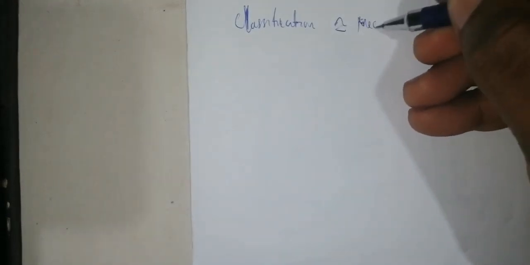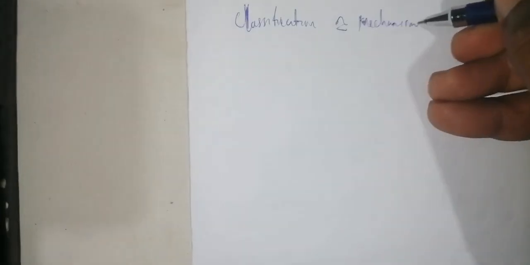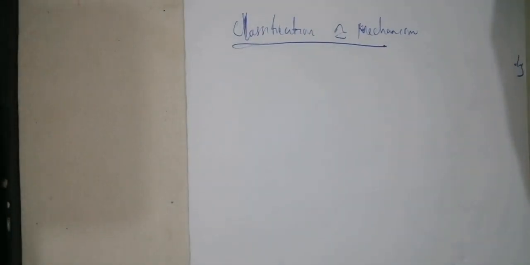Now, the next thing is that I'm going to explain each of these classifications of malnutrition. Actually, we are going to talk about the explanation of the classification of malnutrition as the mechanism of malnutrition. Is it clear? So I'm just going to link them together. Now let's visualize each of them.